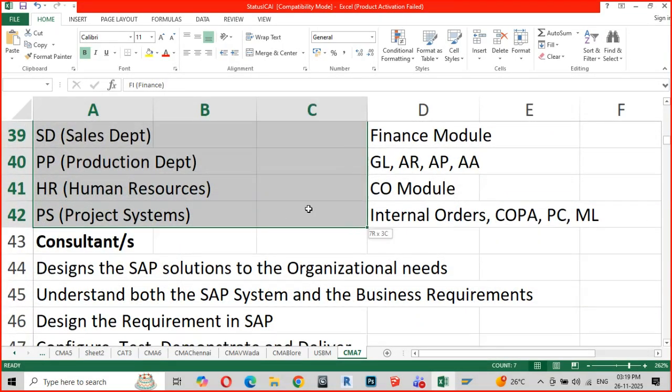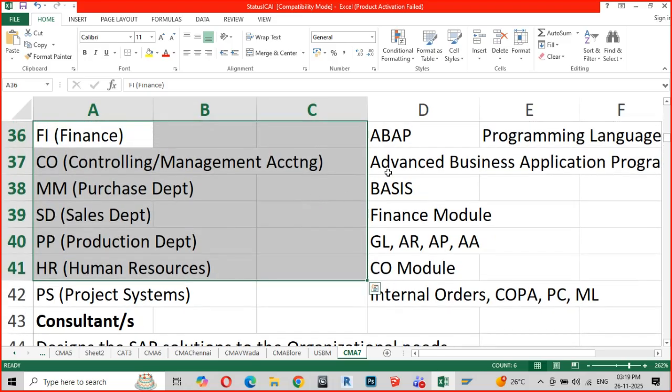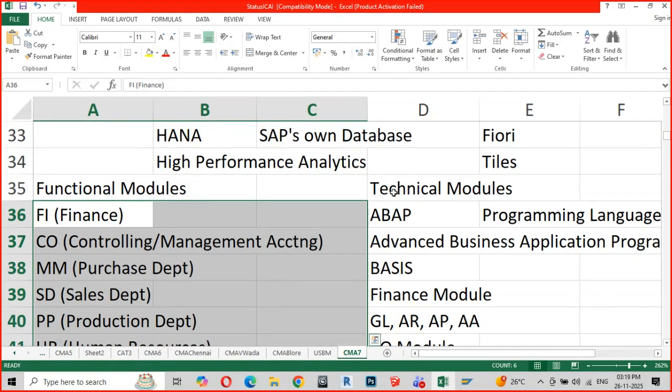And what constitutes the technical modules? All right. What is HANA? High performance analytics. What is Fiori? What is the concept of tiles? We all saw that. So we saw what were the sub-modules under the finance module: your GL, AR, AP, assets, banks.